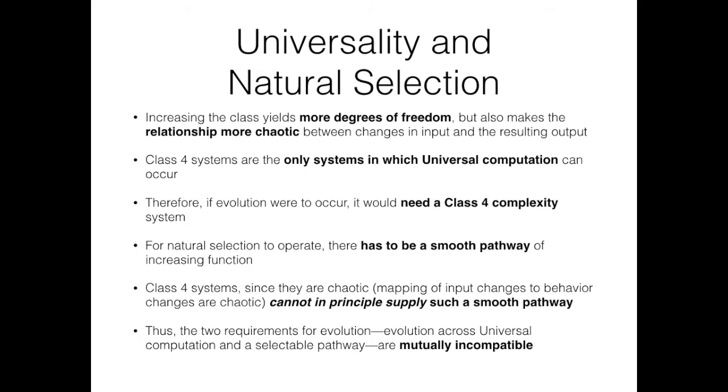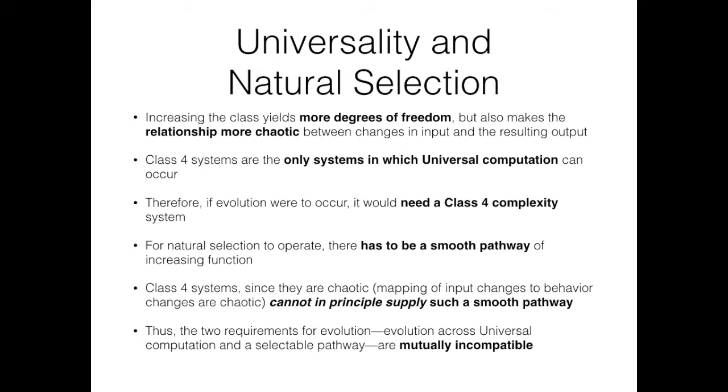But this is where the rubber meets the road. For natural selection to operate, you have to have a smooth pathway of increasing function, where gradual changes are also going to give us changes in function in the same direction. That is the only way that natural selection can operate.